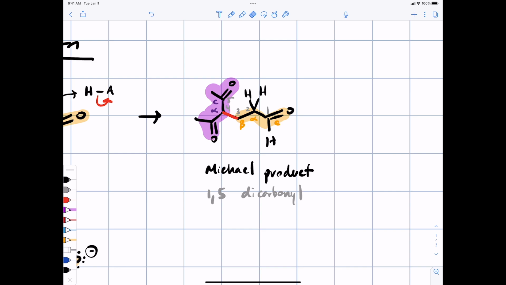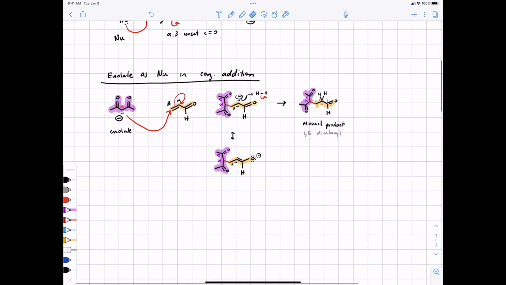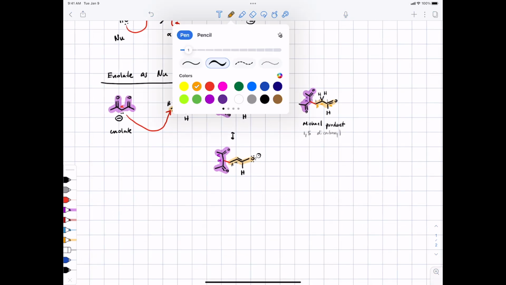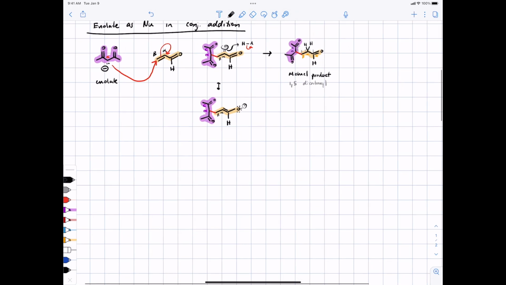It can be useful to think backwards and ask what were the starting materials that led to the Michael product that might be given to you.